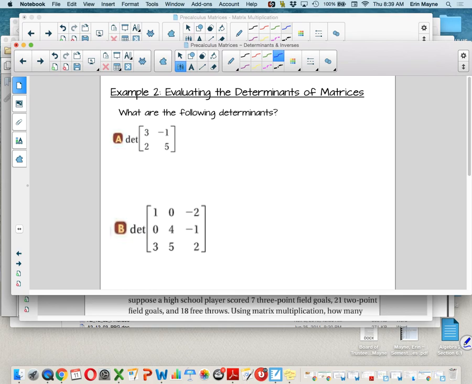Okay, got an answer, raise your hand. Good. What is your answer, Madeline? 17. Why? Agreed. Because it's 15 minus negative 2. Yep. Feel easy enough? It is. It's meant to be easy.